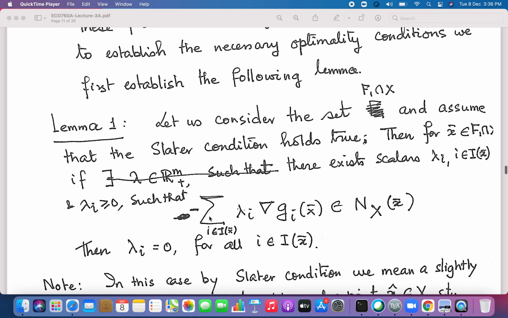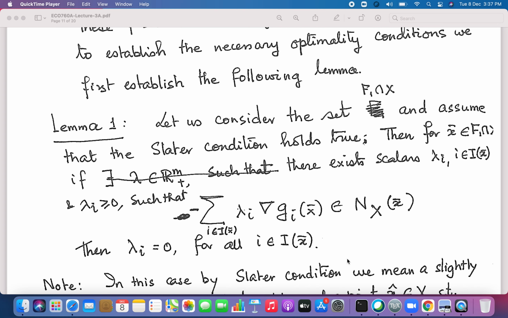Now we are going to do a very important result here. This result will allow us to write the Karush-Kuhn-Tucker or KKT condition, which you will soon come to know, in a much more representative and easier form. We have computed the normal cone to f1 at x bar.